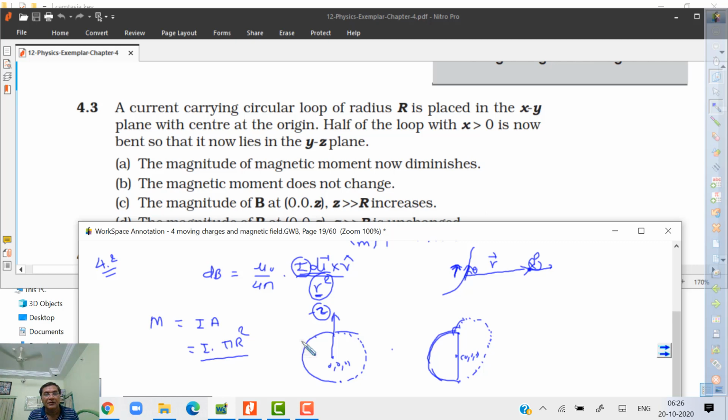Now when it is converted like this, it is half and half. So what will happen? Half the magnetic moment is in the upper direction, in the Z direction, and the other half is in the X direction, and both will be m/2. So the resultant will be here.